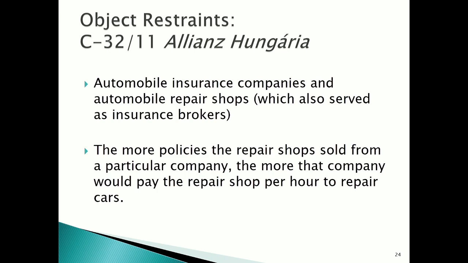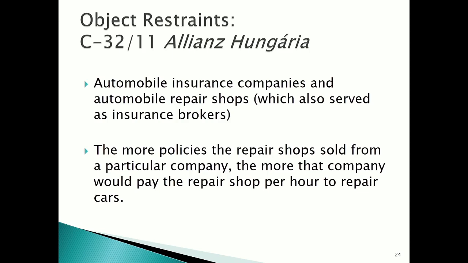The firm that fixes your car, if you get into an accident, is also the firm that sells you insurance. Okay, and they're the insurance broker. Now Alliance Hungaria, a very large automobile insurance provider in Hungary, had an agreement with these brokers slash automotive repair shops, okay, body shops.